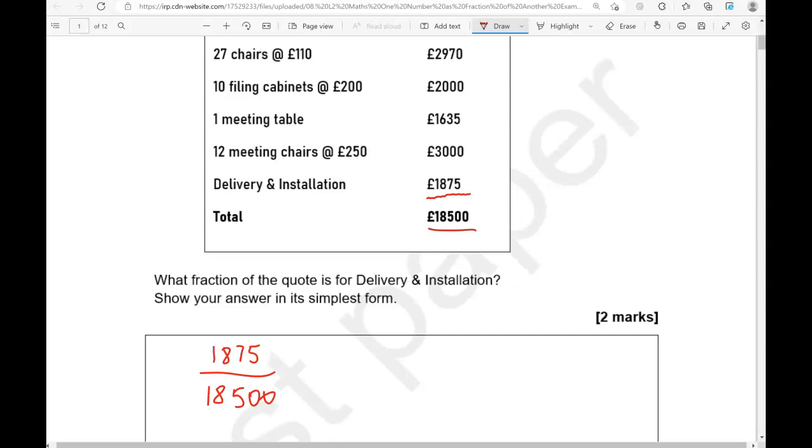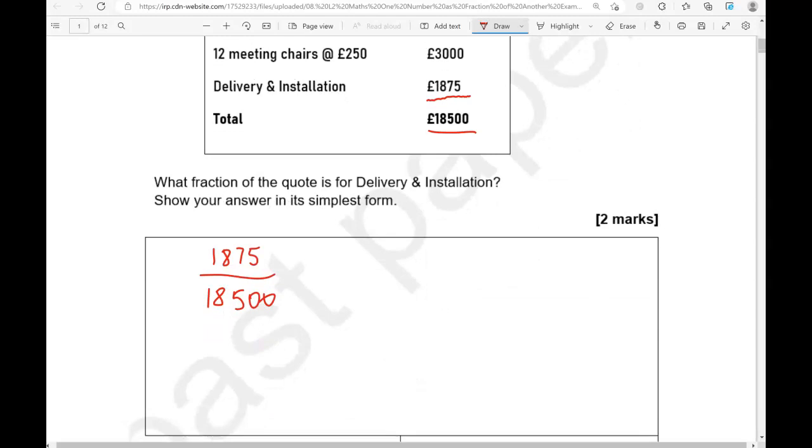But it's not saying to estimate the answer. We need to write the exact answer. So we've got to go through the full process. We've got 1,875, so ending in 5, and 18,500. So that tells us that we can divide both numbers by 5. So that's what I'm going to do.